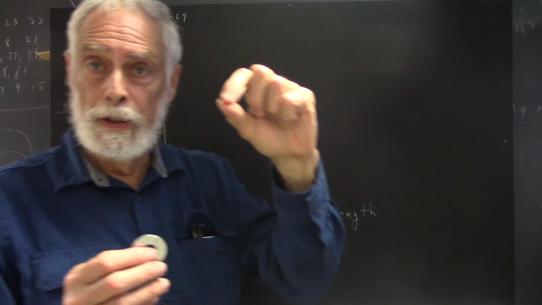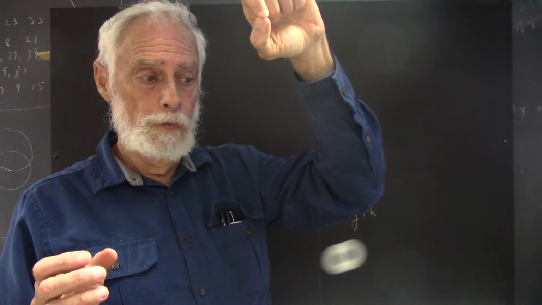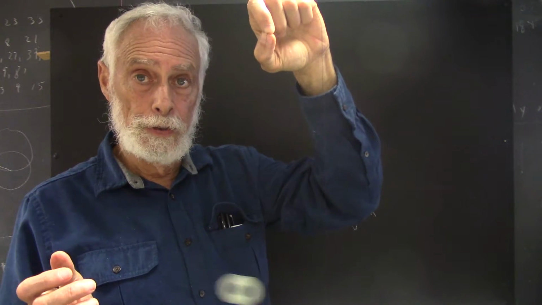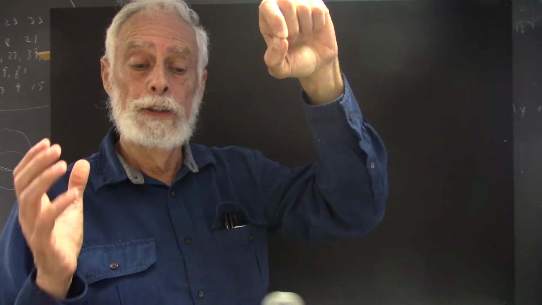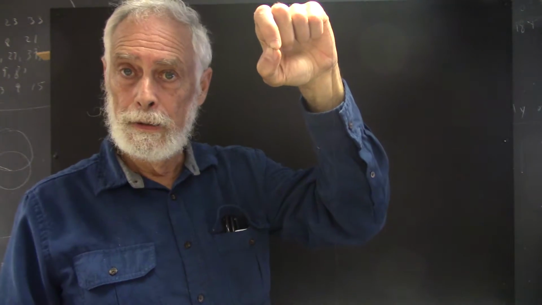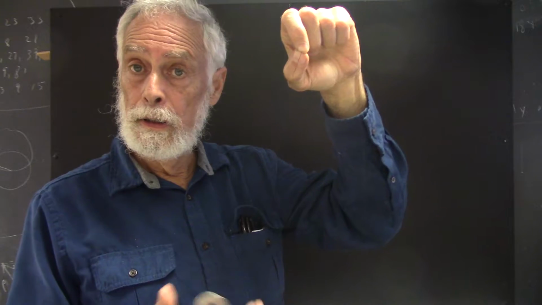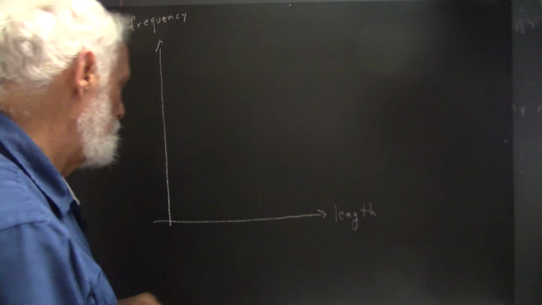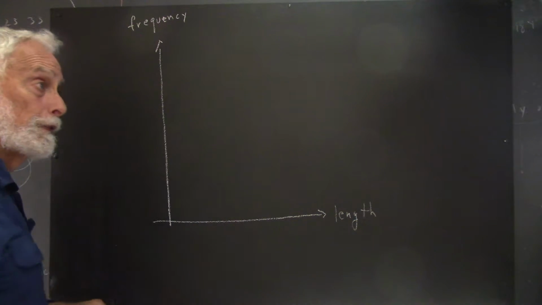Now, the idea then is that we're going to measure the length of a pendulum, and we're going to count for a minute. By frequency, I mean how many cycles there are in a given time interval. So if the time interval is a minute, then the frequency would be how many cycles per minute. So we count the pendulum for a minute, and we get a frequency. We measure the pendulum, and now we have a length and a frequency giving us a point on the graph.